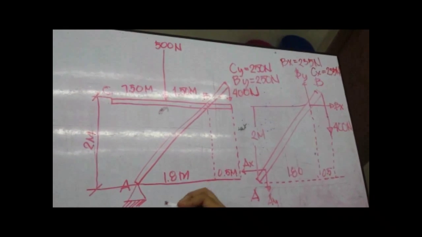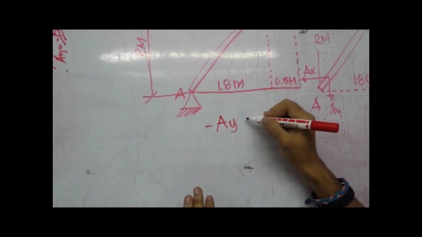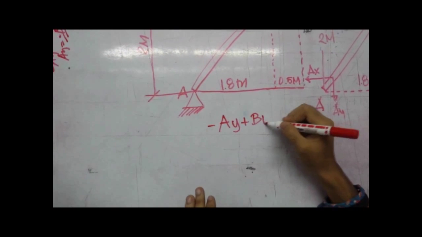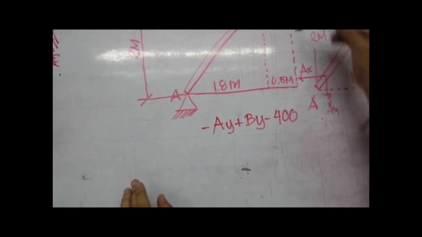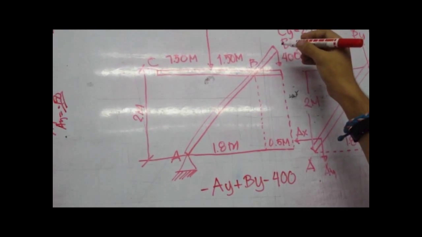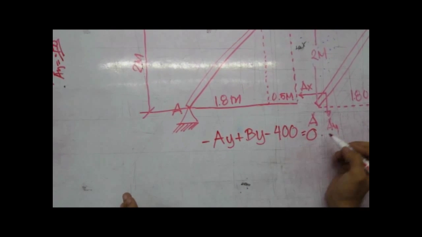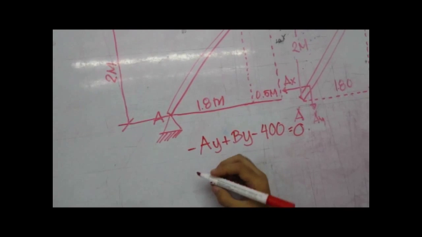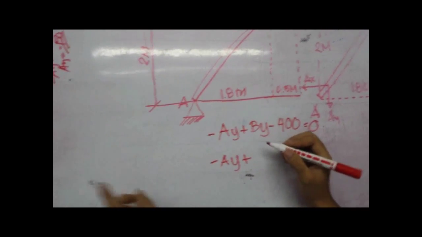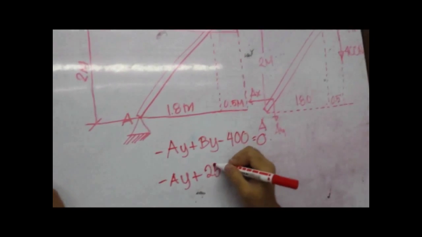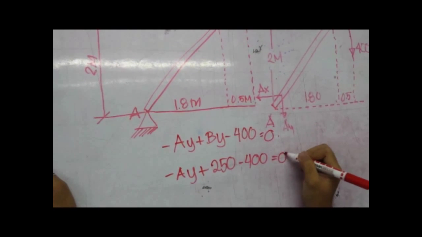So positive, negative Ay plus By minus 400. 400 is the force acting downward here, at point B. And then let's equate it to 0. And then after that, we will substitute the value. So negative Ay plus the value of By, which is the 250, minus the force 400. Then equate it again to 0.